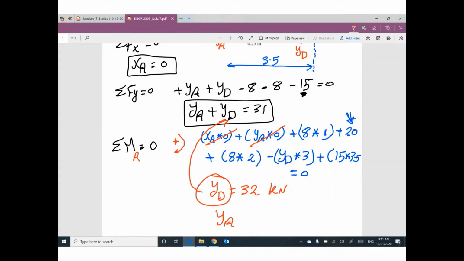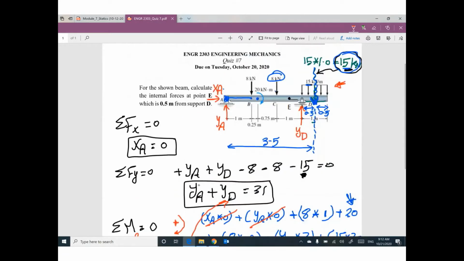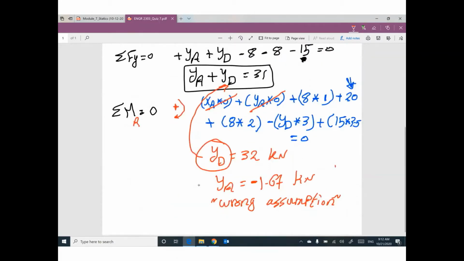It will be a value like 1.67, something like this, and probably negative. Negative means wrong assumption. I'm sorry, what do you mean by wrong assumption? Yeah, you assumed YA is up. No, the correct direction for YA will be down. That's it.